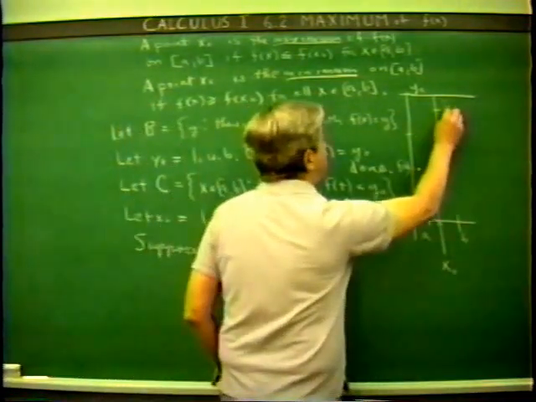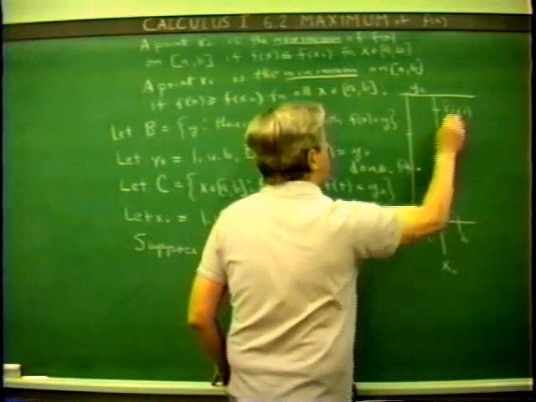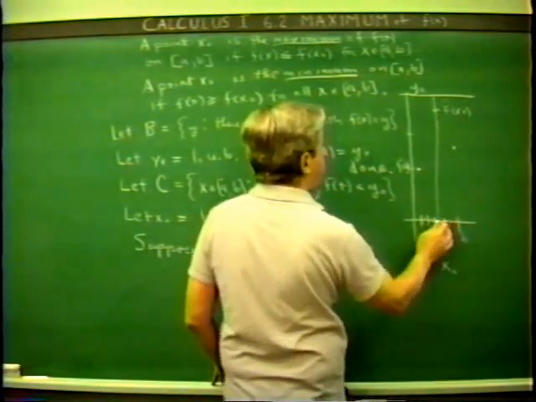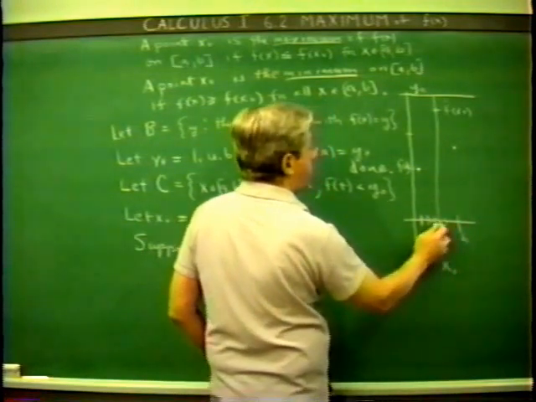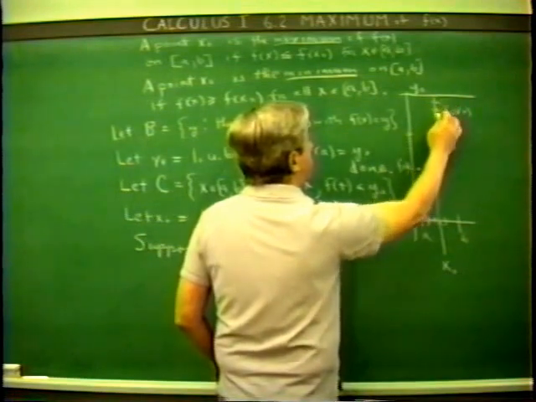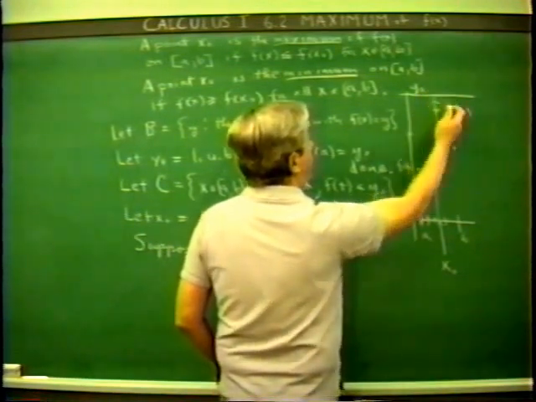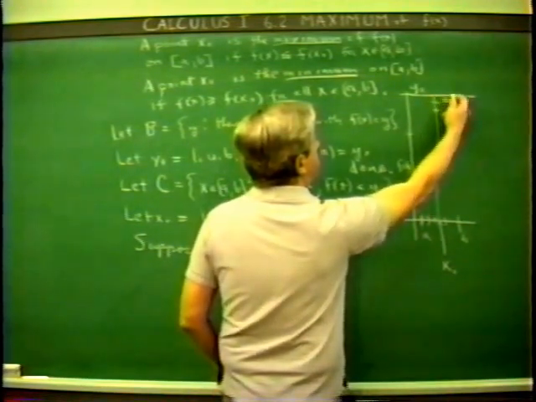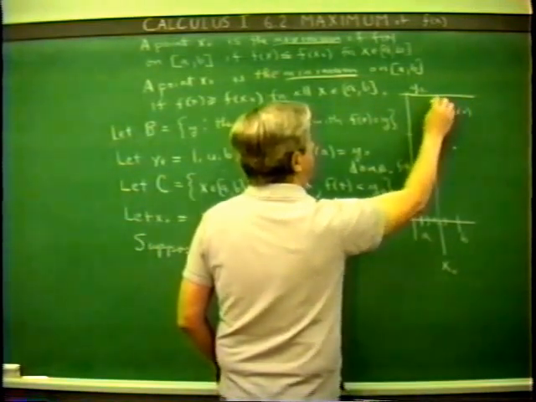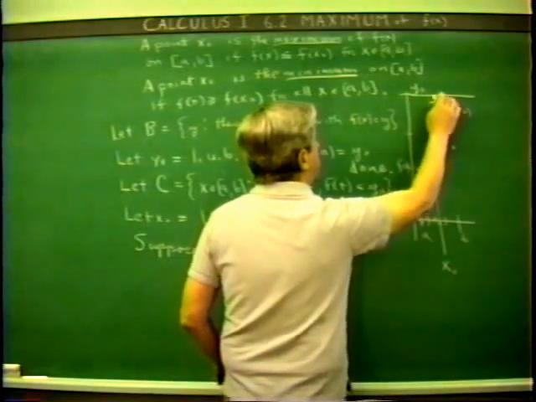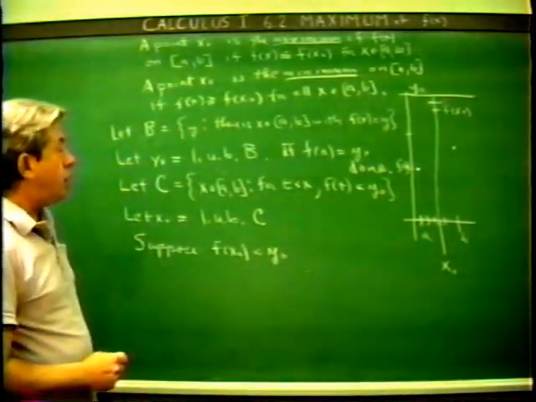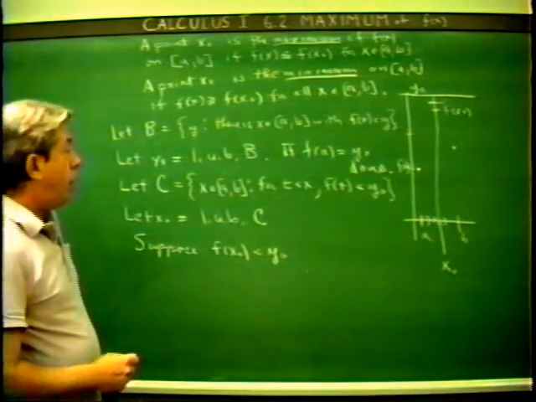Okay, well then, again here, if this is f of x naught, there is a small delta here, so that if x is between x naught minus delta and x naught plus delta, f of x is less than y naught. In fact, if we choose epsilon equal to half the distance between y naught and f of x naught, then we can insist that it be less than that quantity plus f of x naught.